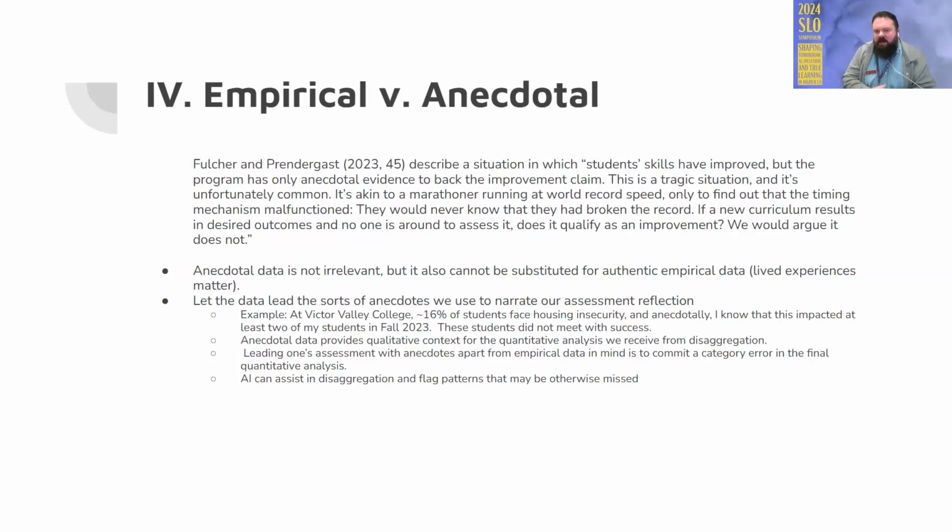Alternatively, in this past cycle, I have become aware that about 16% of our students at Victor Valley College face housing insecurity. And indeed, I'm also aware through various departmental meetings of the ways in which our institution on a larger scale is seeking to remedy that issue. So they're building a Thrive Market where students can get food.